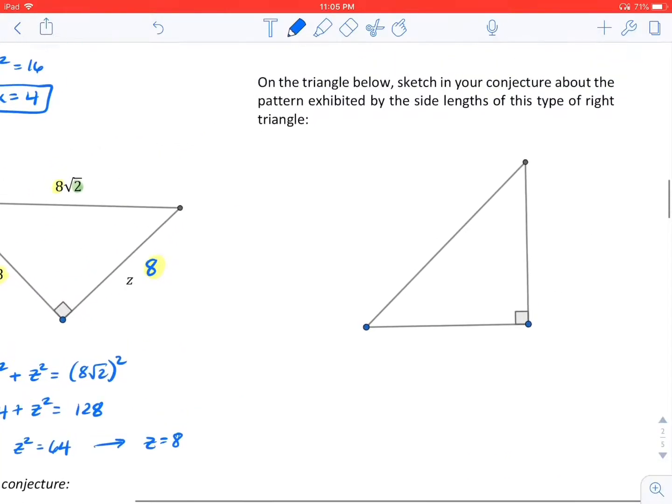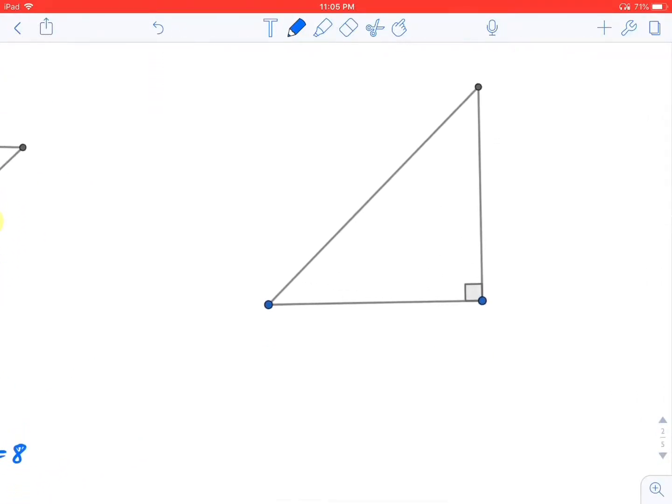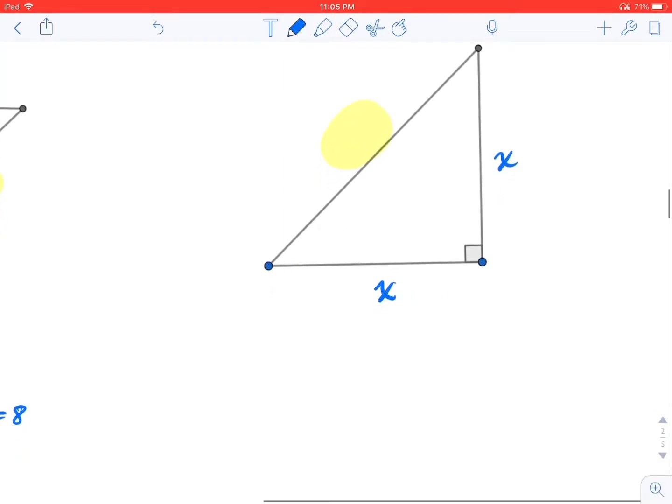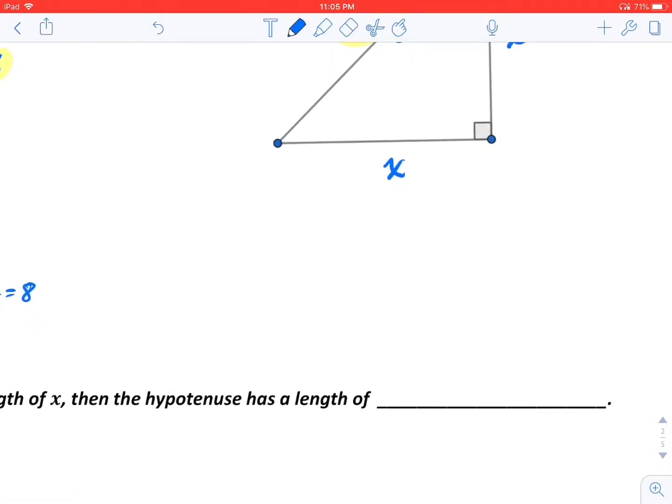So if I had to generalize the relationship in this type of triangle, if the two legs are of the same length, we'll call each of them x. Can we generalize some value for this hypotenuse's length? Well, let's use the Pythagorean theorem. I don't know it right now, so I'll just call it c. And I want to see if I can write the value of c in terms of x.